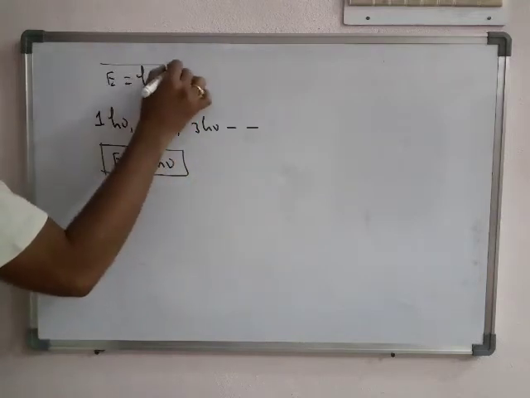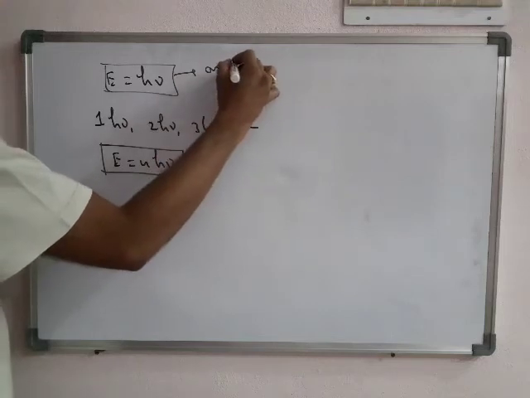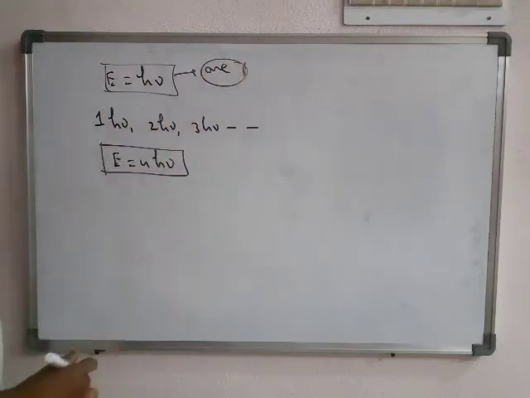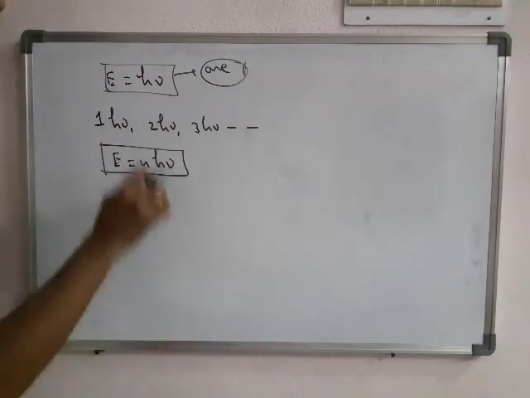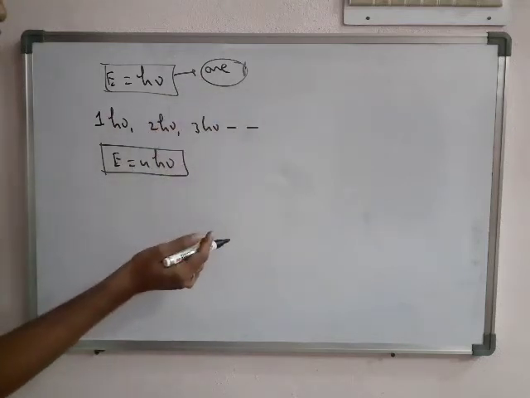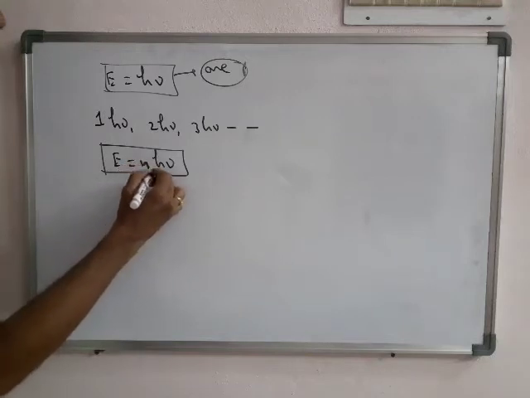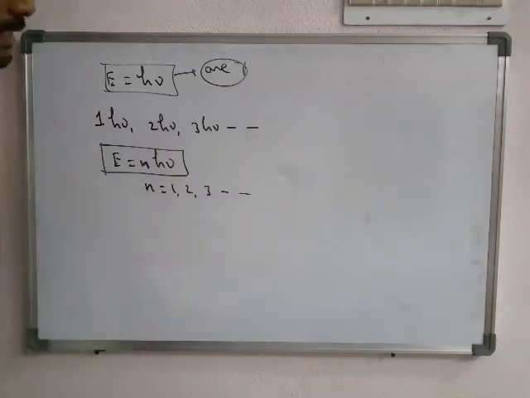So E equal to h nu is only for one particle, or one basic packet. There is no choice that every time it must be a basic packet. So some have energy equal to n h nu, where n is equal to 1, 2, 3, small integers.